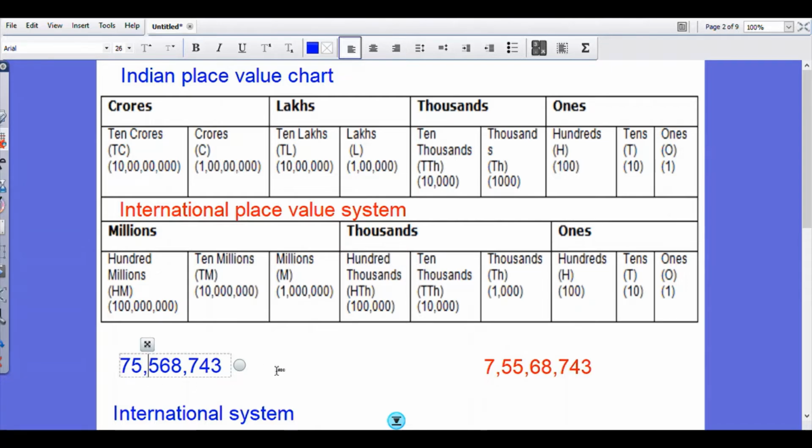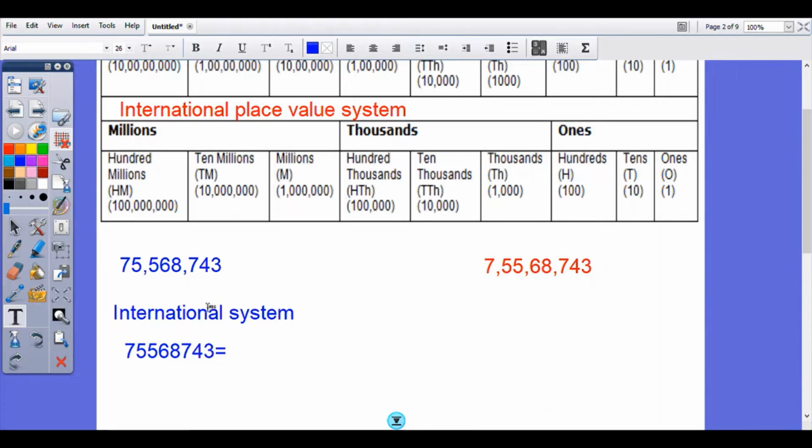Now suppose you want to write this number in the international system and the Indian system. So how can you write it? According to the international system, first you group the number. First this group, then this. Now this is the ones period, this is thousand and this is million.